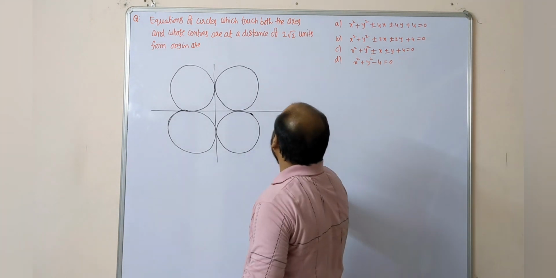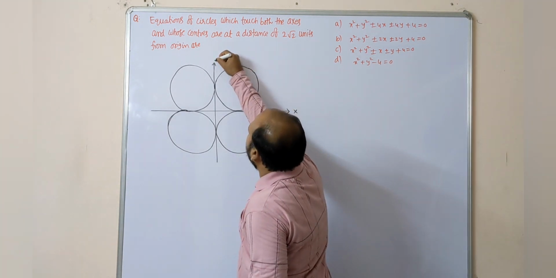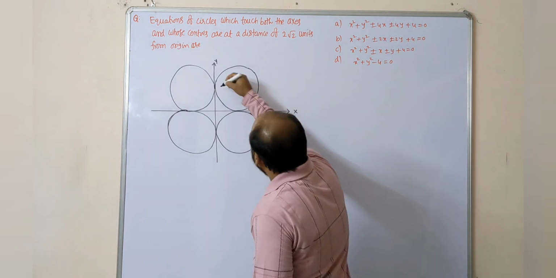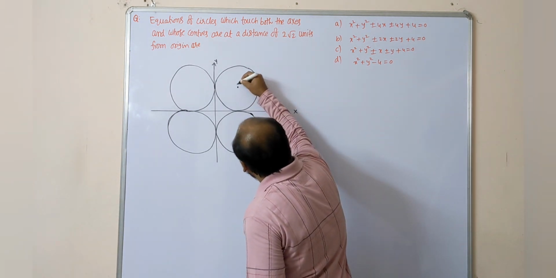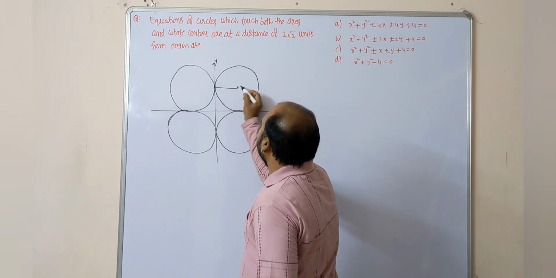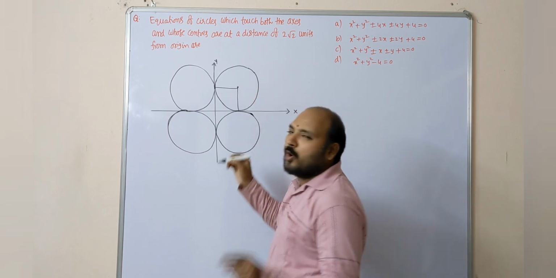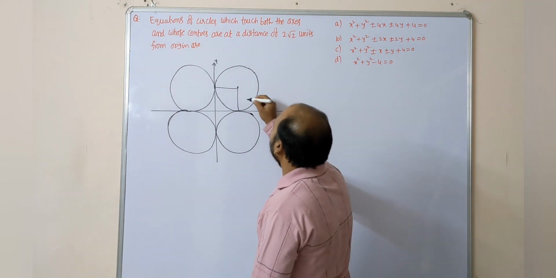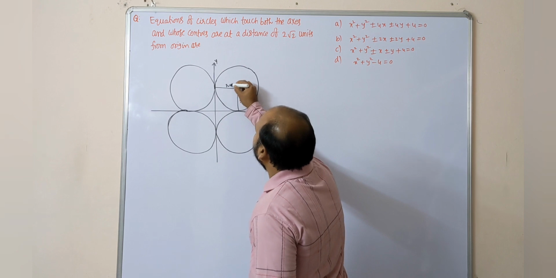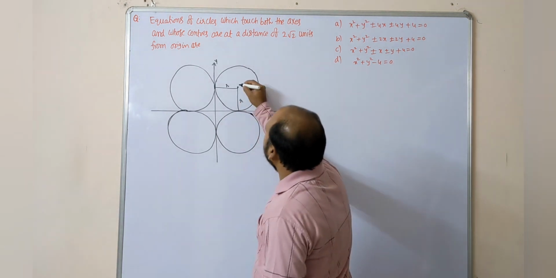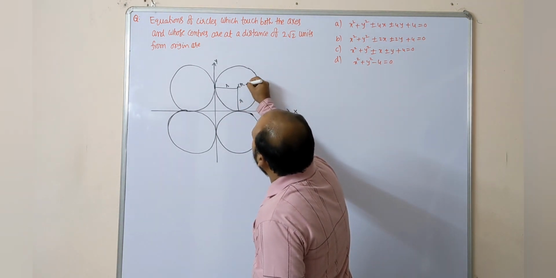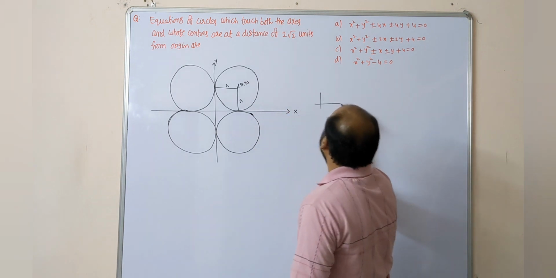Whenever the circle touches x-axis and y-axis, this is the center of the circle, no? From here to here distance, from here to here distance, obviously radius. Am I right? I am taking here r comma r in the coordinate system.